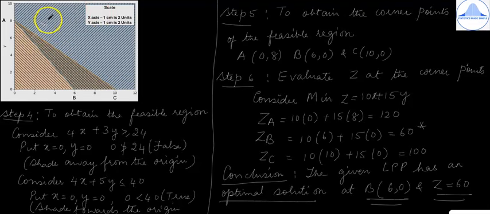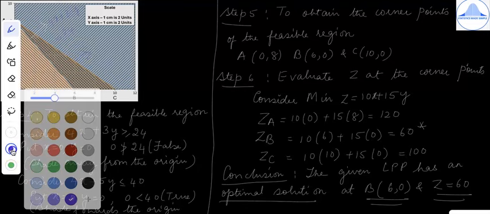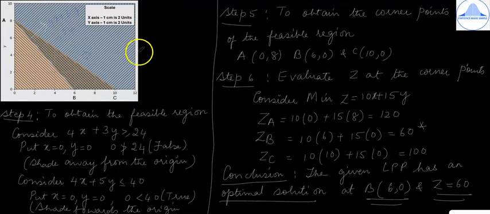So this is the equation, that is 4x plus 3y equal to 24 and this is the other equation, that is 4x plus 5y is equal to 40.